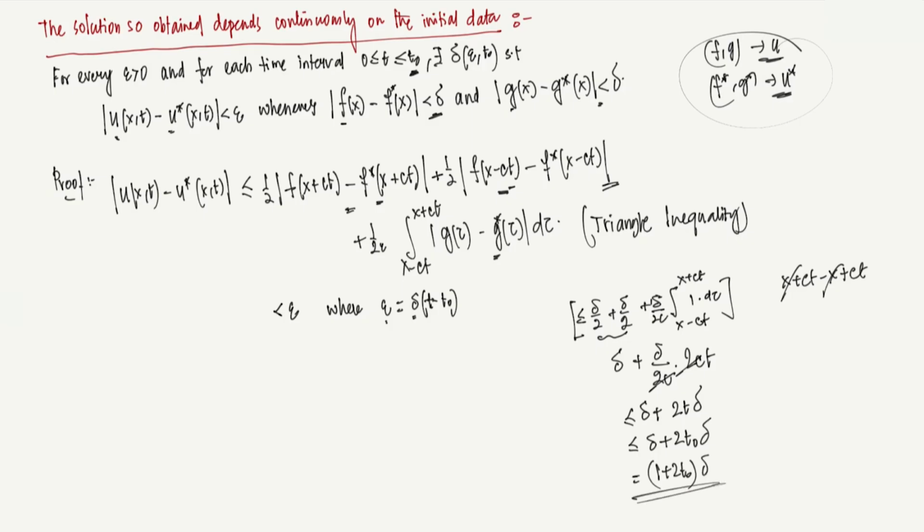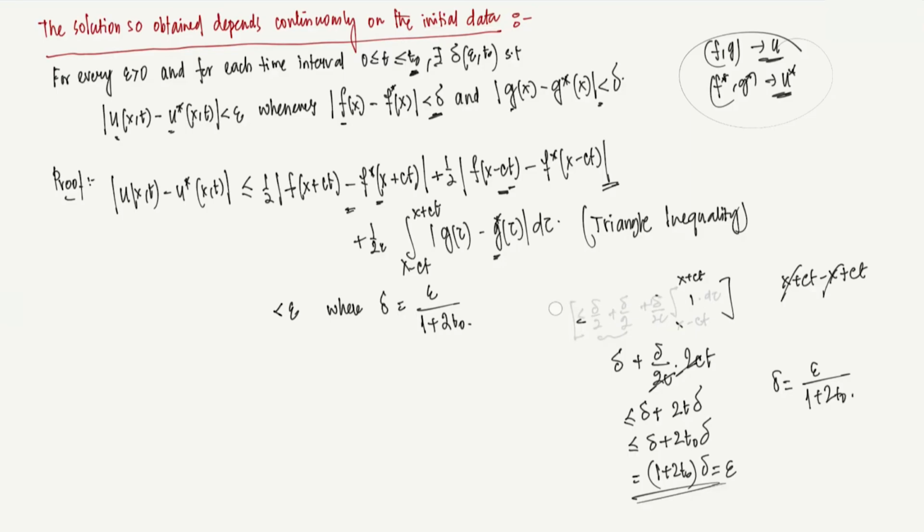Is it okay? Oh, sorry, I wrote it like 1 plus t naught. So this is your epsilon. So delta is epsilon by 1 plus 2 t naught. We can choose it like this, where delta is epsilon by 1 plus 2 t naught.